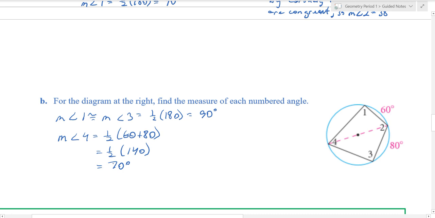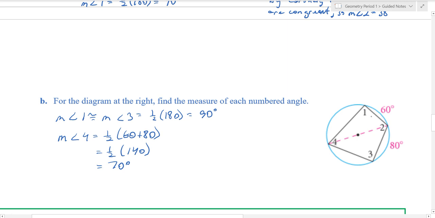All right. Now, we have three angles. Notice that the figure inscribed in the circle here is a quadrilateral, and in a quadrilateral all four angles should add to 360. So you could just add the three angles that we have right now and find angle 2 very quickly. But I'm going to use the same approach as I used earlier. So we have angle 2 right here.